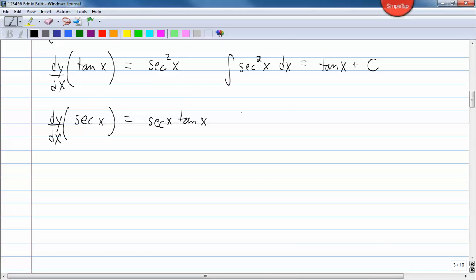So what that means is the integral of secant x tangent x then has to be equal to secant x plus c, because the derivative of secant is secant tangent.